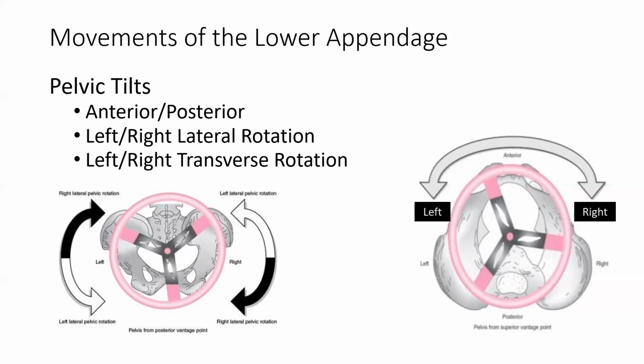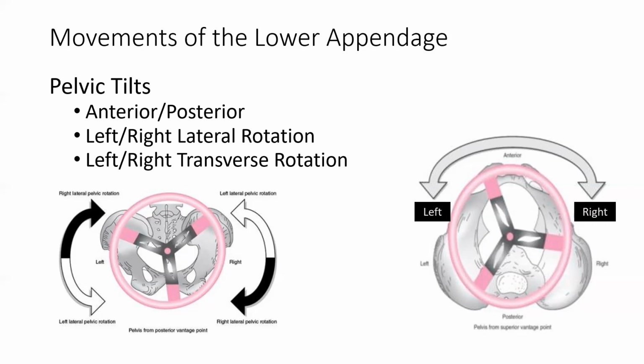So think of it as if a steering wheel is attached to your sacrum. If you turn that wheel to the left, it's a left lateral pelvic tilt. If you turn that wheel to the right, it's a right lateral pelvic tilt. So think of the steering wheel going up and down, up and down.